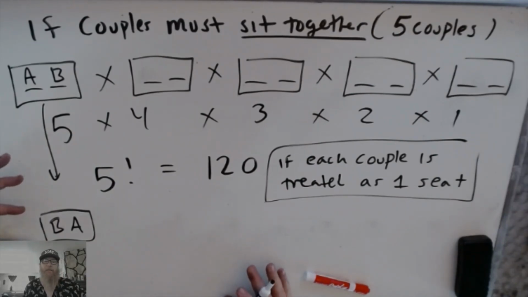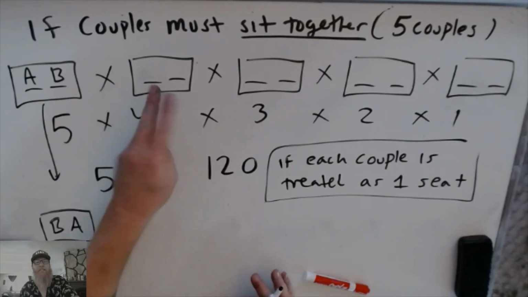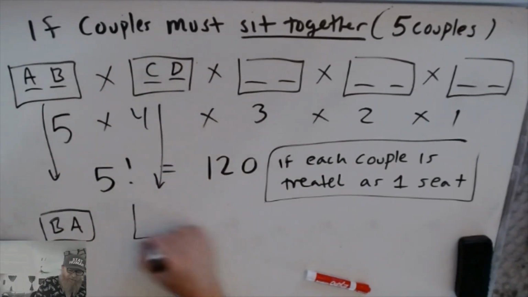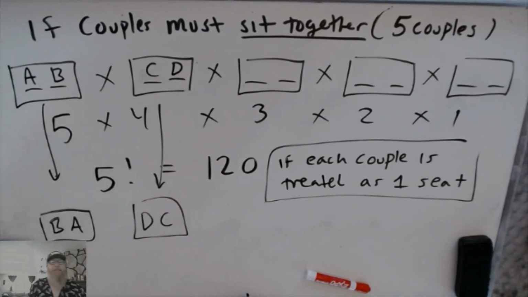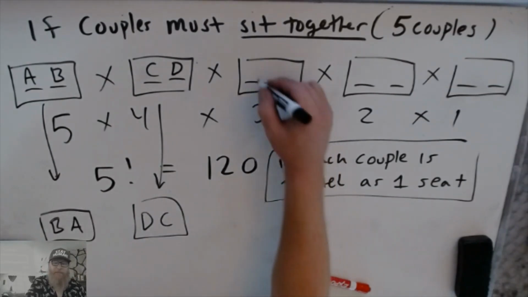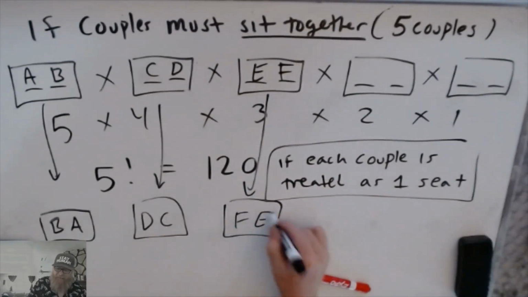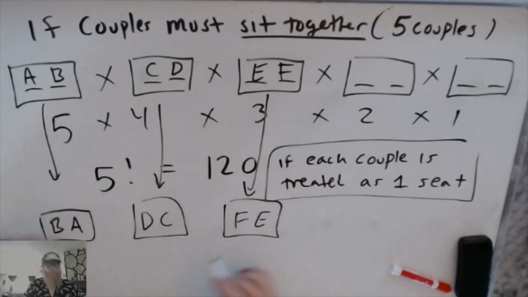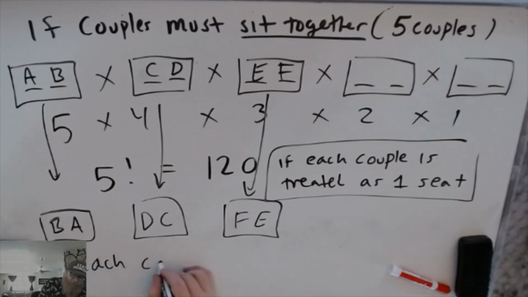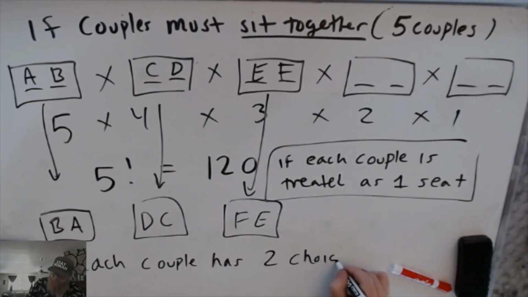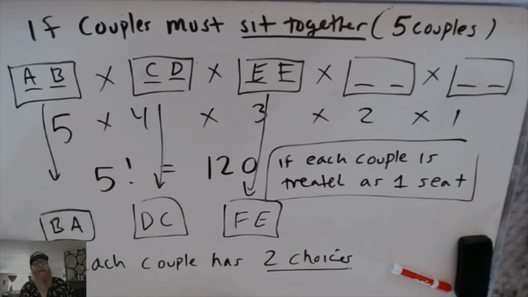There's 2 possibilities for this couple as well. CD, or they could sit DC. EF, or they could sit FE. So each couple has 2 choices of where to sit.